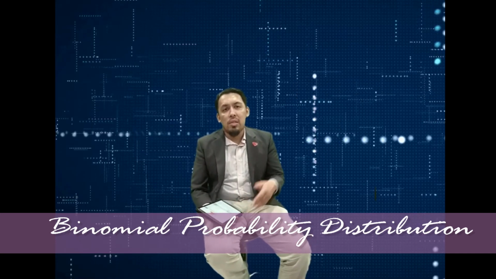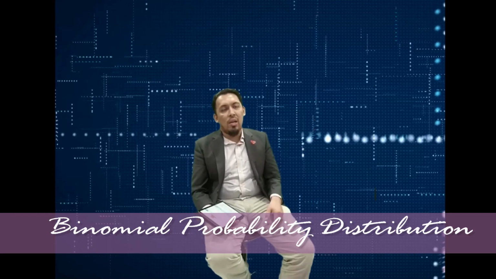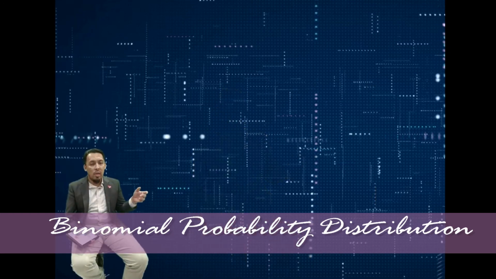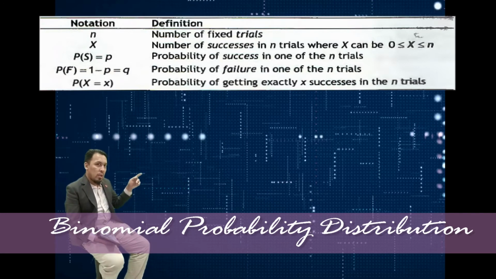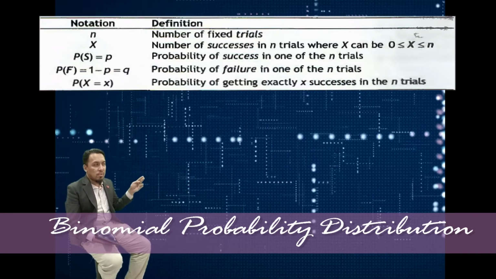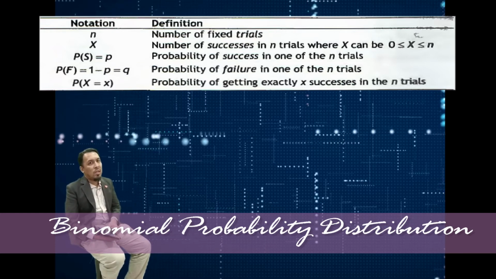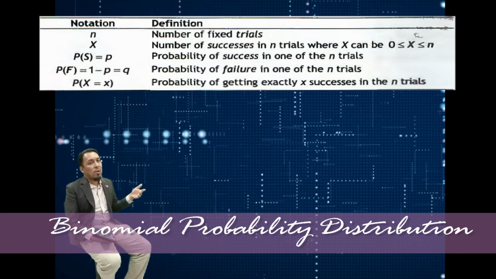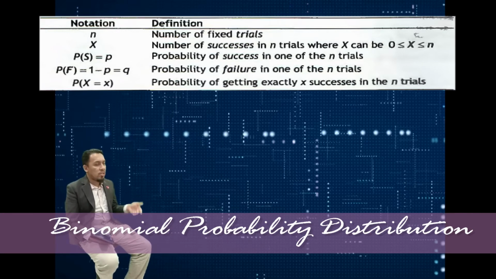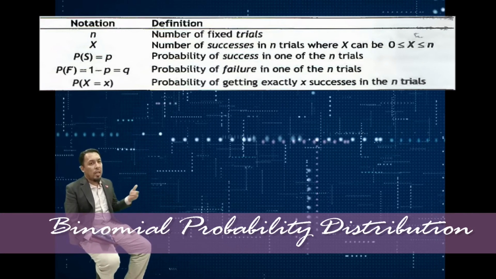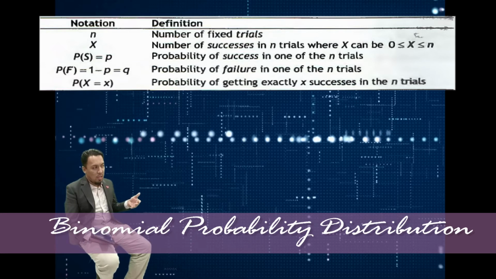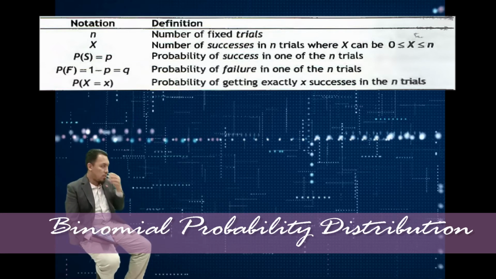Now let's again look at the notation that is being used. We have several notations. The first one is n, as I said, the sample size, or in this case, the number of fixed trials, how many times the observation is conducted.